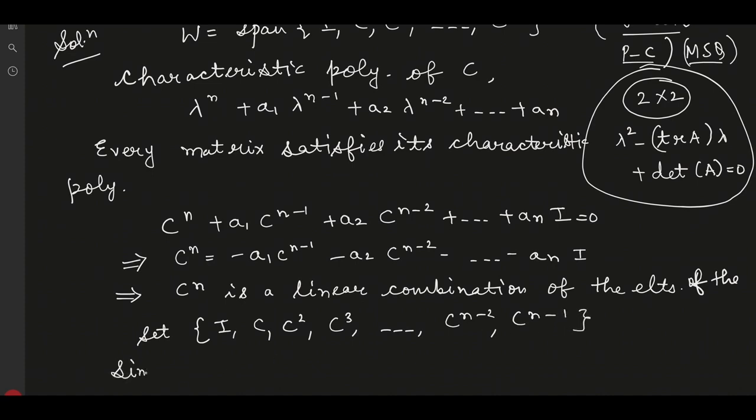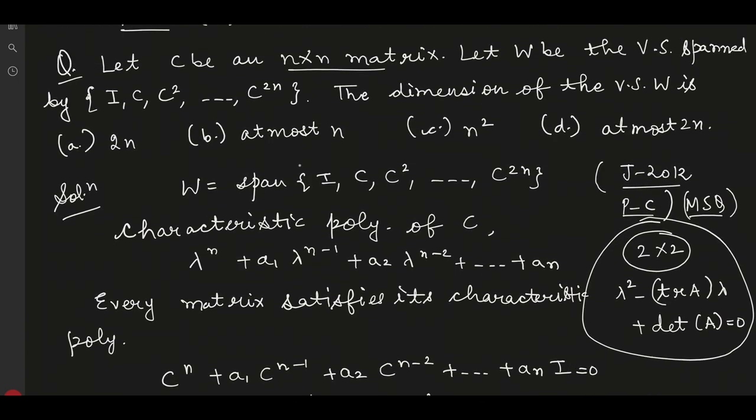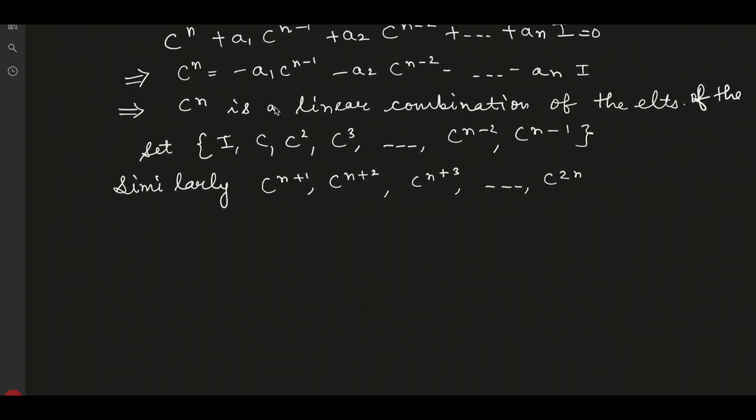Similarly, if you will see that C to the power n plus 1, C to the power n plus 2 and so on, I am going till C to the power 2n because in the question itself I was given that W is a vector space spanned by these vectors till C to the power 2n. So that's why I have taken till C to the power 2n.